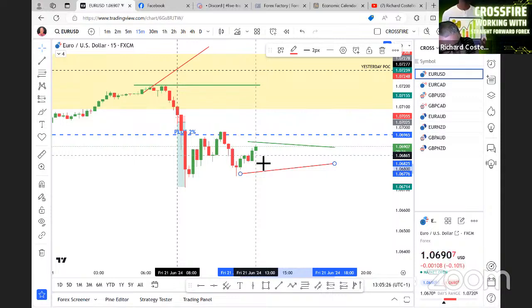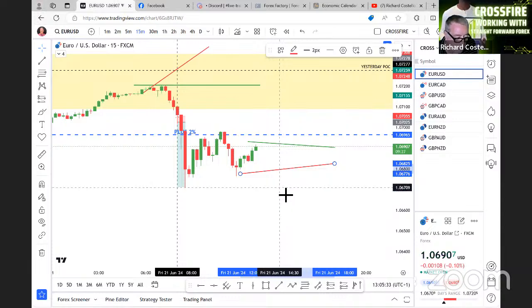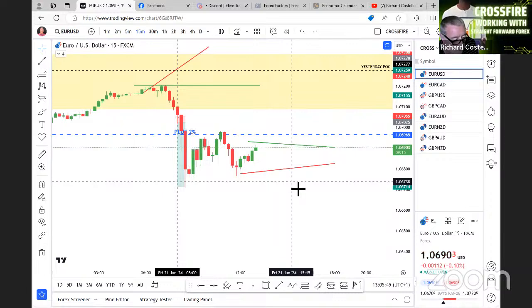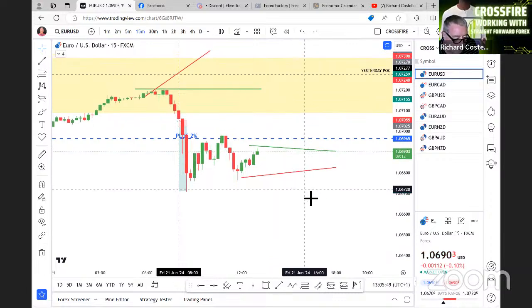So that's in 10 minutes time. We then position those two trend lines accurately, and basically we wait for price to either break above the green trend line, in which case we're looking for buying opportunities, or we wait for price to drop below the red trend line, in which case we're looking for selling opportunities. So we'll come back and place those trend lines accurately.